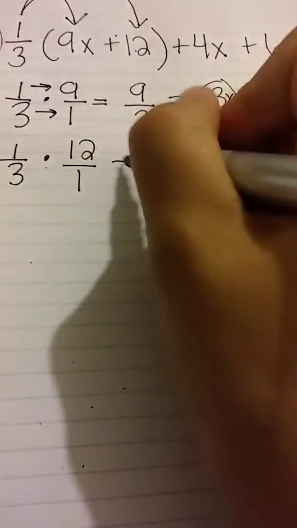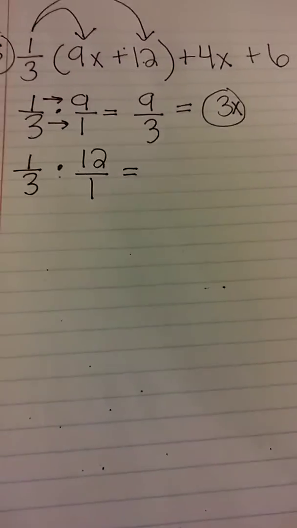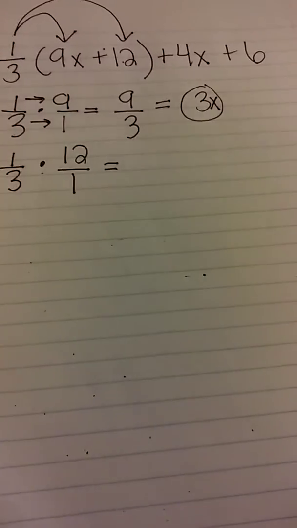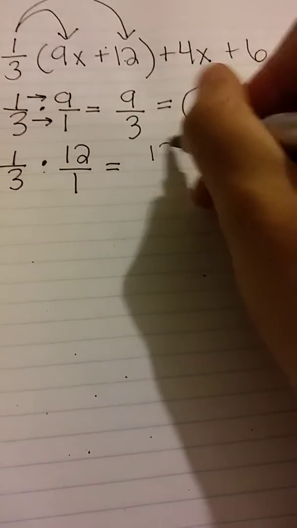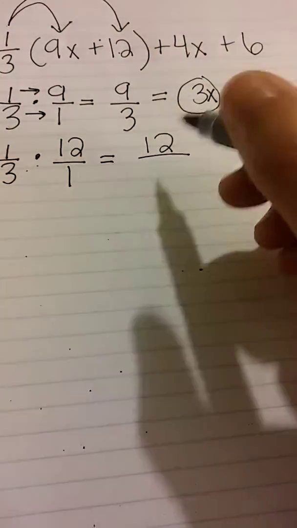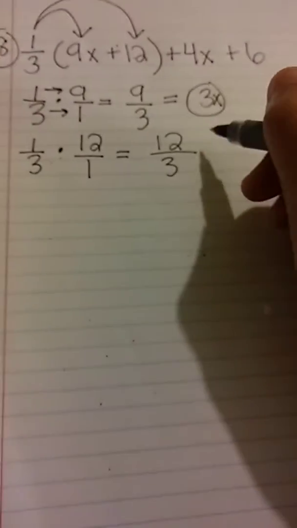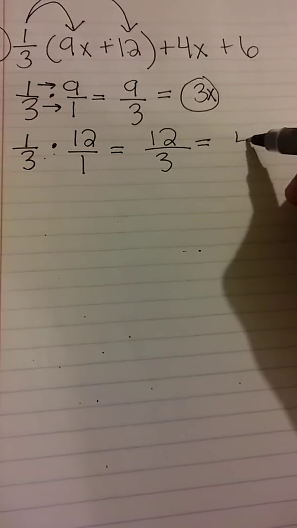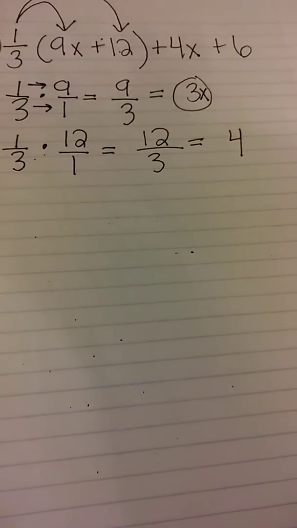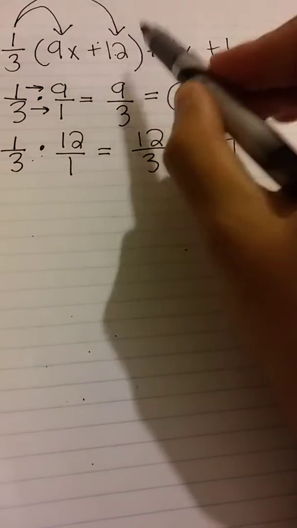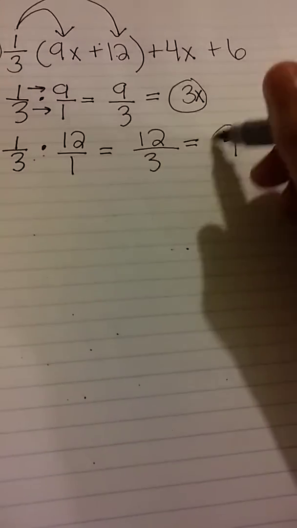Turn it into a fraction by placing a 1 underneath it, and then multiply straight across. 1 times 12 equals 12. 3 times 1 equals 3. You simplify that and get 4. Go back and check to see if there's a variable attached to that. There is no variable, so your answer is just 4.